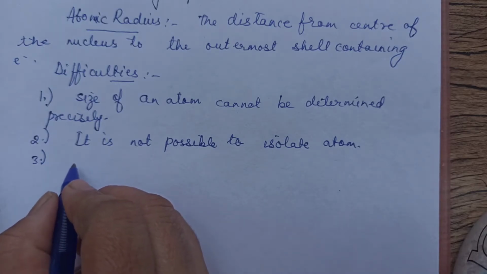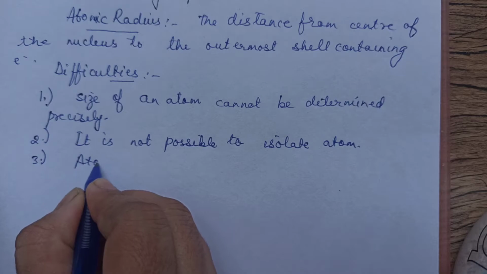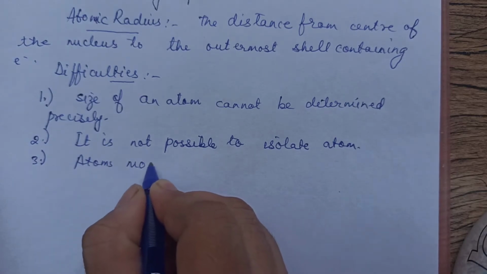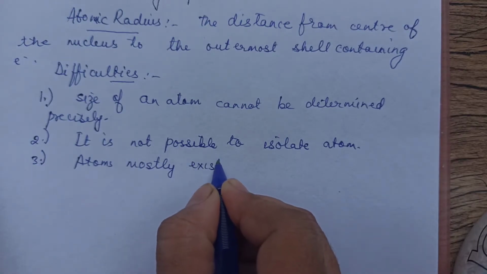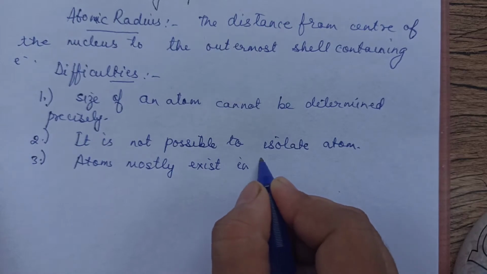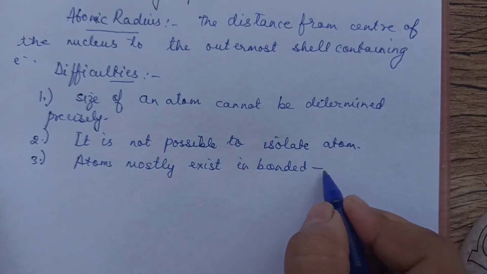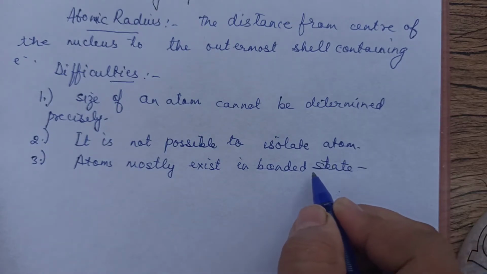The third difficulty is that atoms mostly exist in the bonded state. And moreover, in this bonded state, the radius will change based upon what type of bond it has.